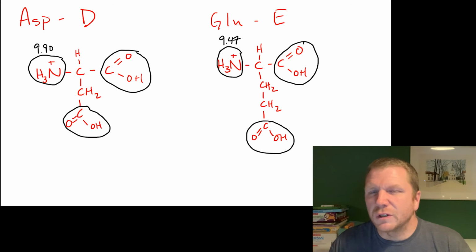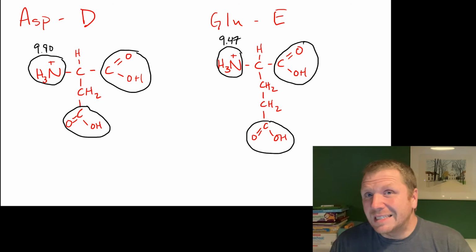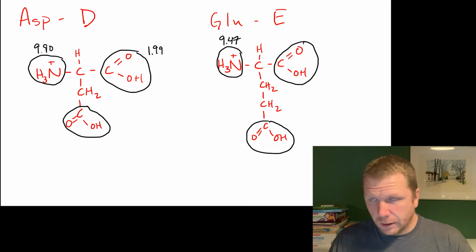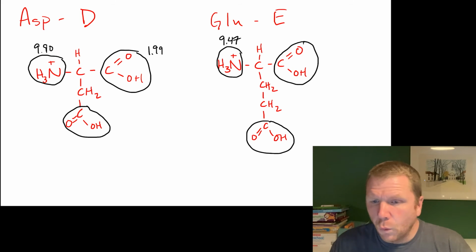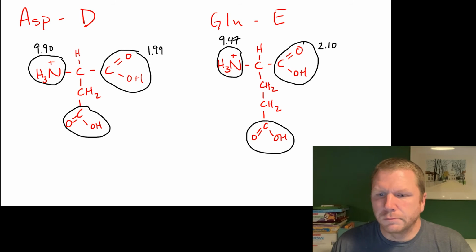Now, if we move over to the C termini, the carboxylic acid on the right-hand side of my 2 molecules, those 2 groups have acidic pKa's. Aspartic acid is going to have a pKa of 1.99 on its C termini, whereas glutamic acid is going to have a pKa of 2.10.